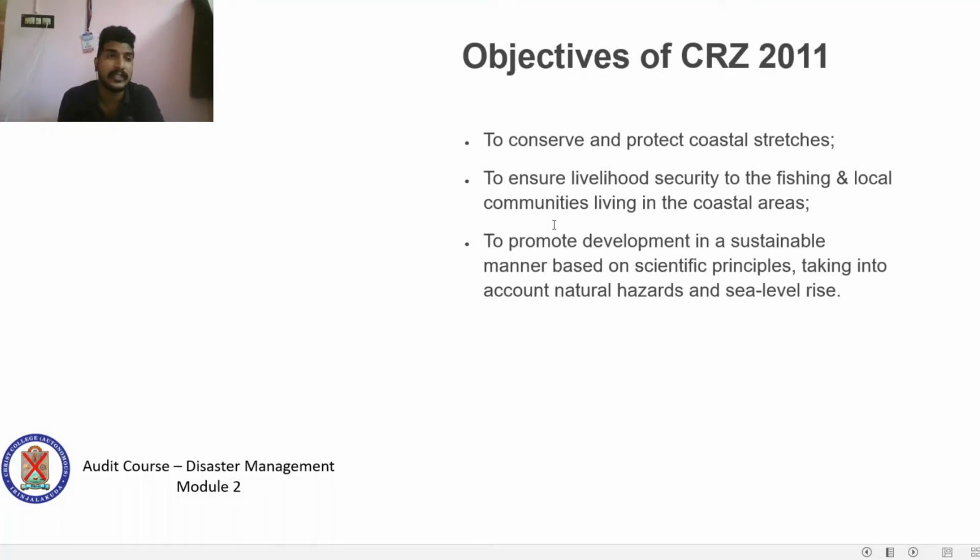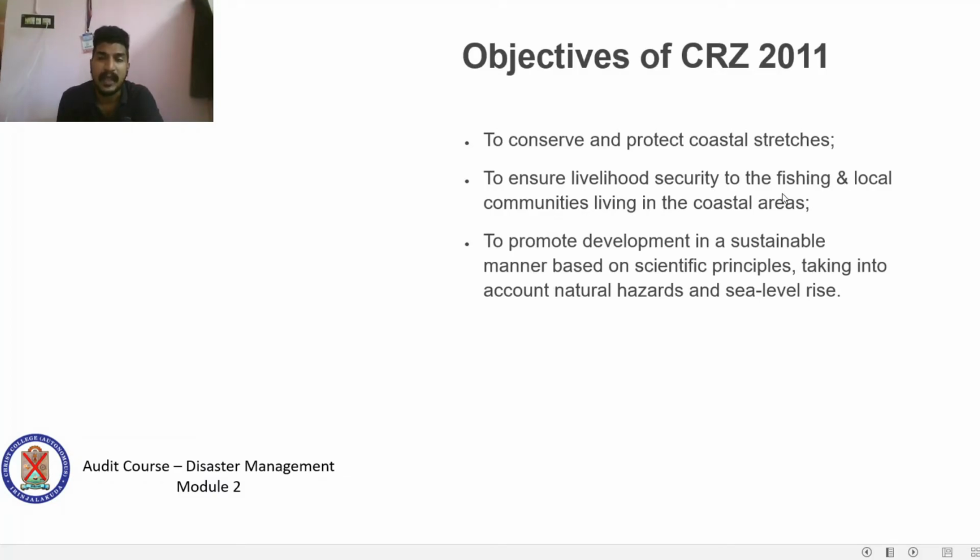The second is to ensure livelihood security to the fishing and local communities living in the coastal areas. The last is to promote development in a sustainable manner based on scientific principles, taking into account natural hazards and sea level rise. Another amendment was made in 2018, when the Union Cabinet approved the coastal regulation notification.